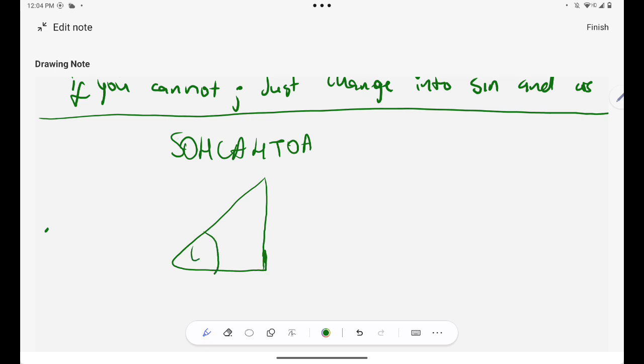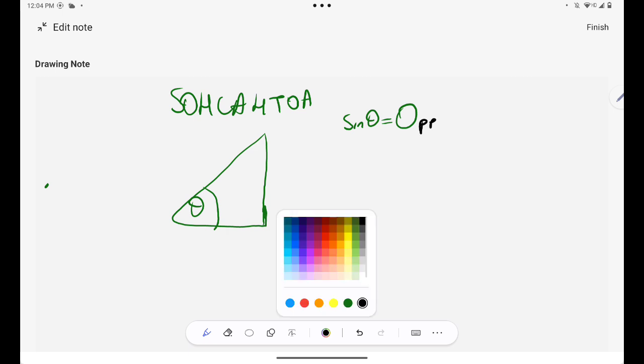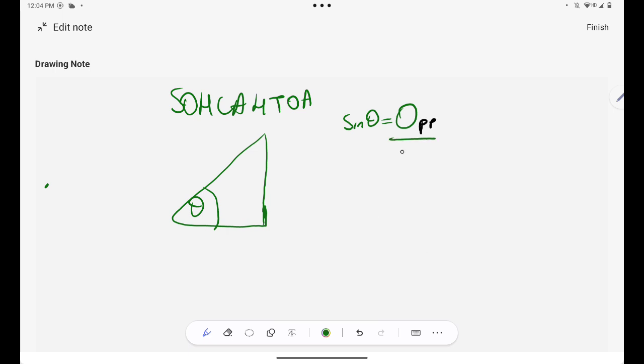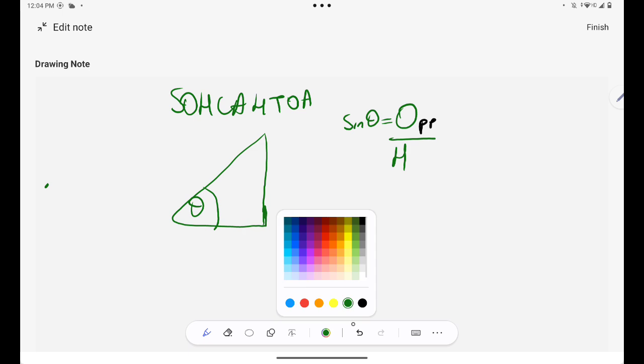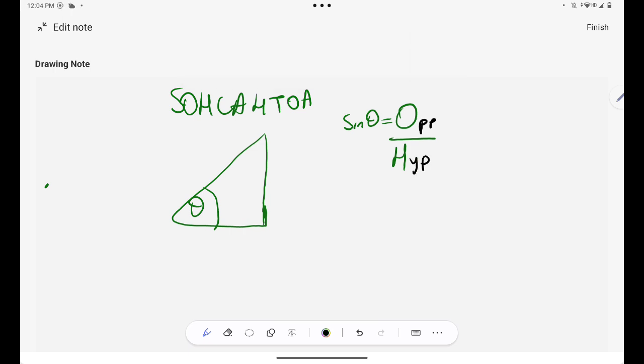If we have an angle of theta, SOHCAHTOA simply says that sine of theta will be equal to opposite all over hypotenuse. Are we together?